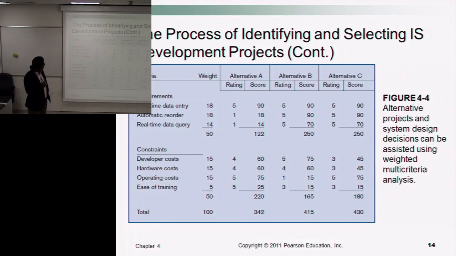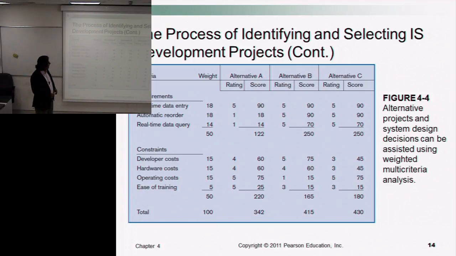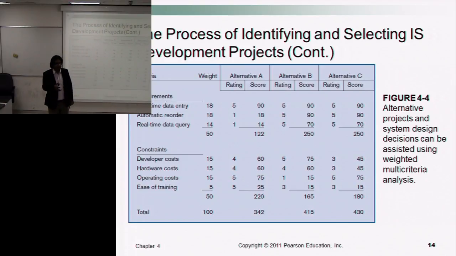A means I am considering some assumptions here. I have some pre-assumptions that those requirements which are least important for us have a rating of 1. Since they have a rating of 1 and ultimately their score is very low, I can say this requirement is not that important for me, so let's remove it.